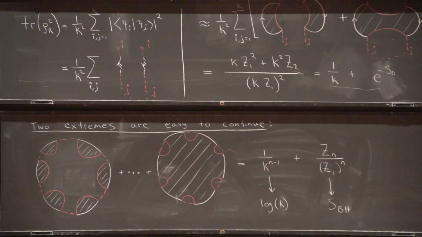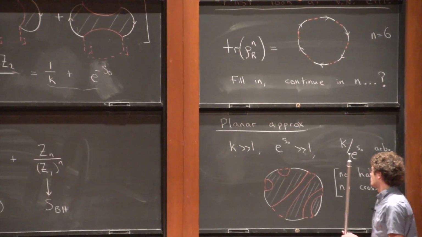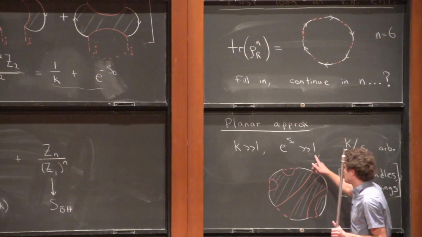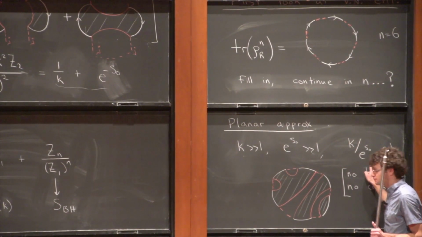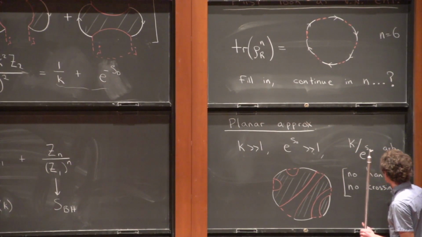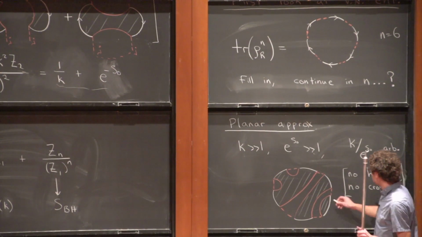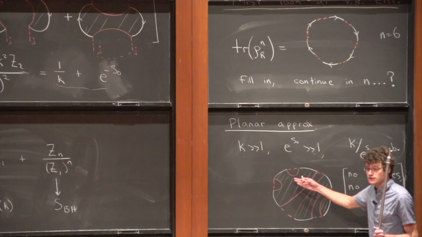Okay, and to make the computation tractable, we're going to work in a type of planar approximation, where we take k much bigger than 1 and e to the S_0 much bigger than 1, but with arbitrary ratio between k and e to the S_0. In this approximation, what it buys us is that the only types of geometries that we have to consider that fill in these boundary conditions are planar geometries like this.